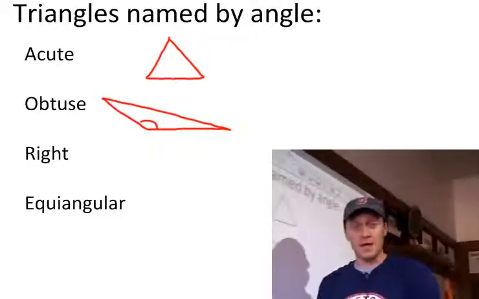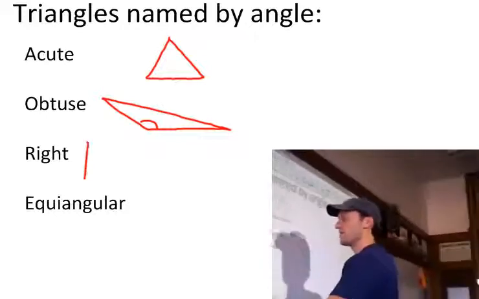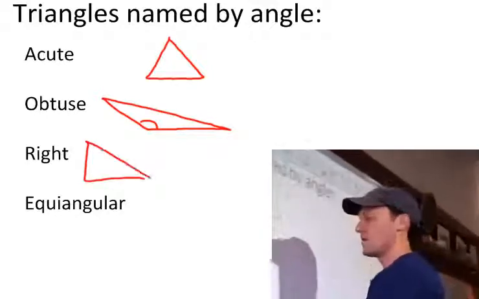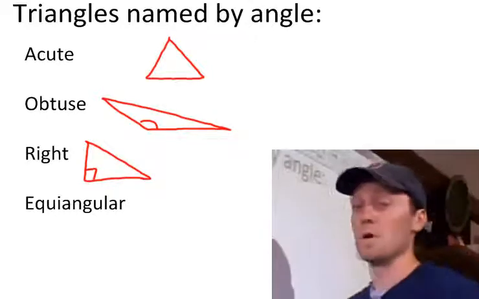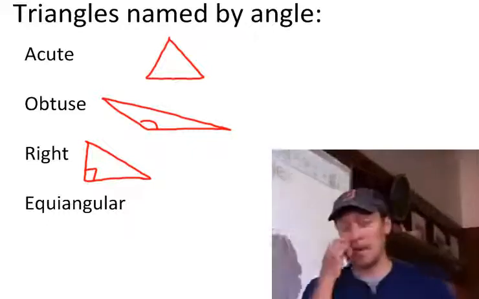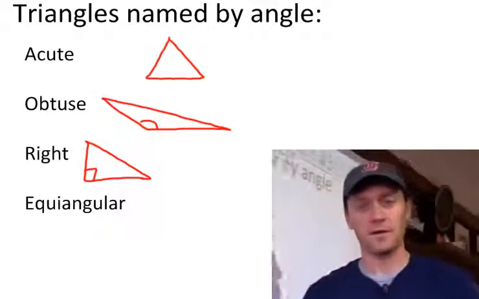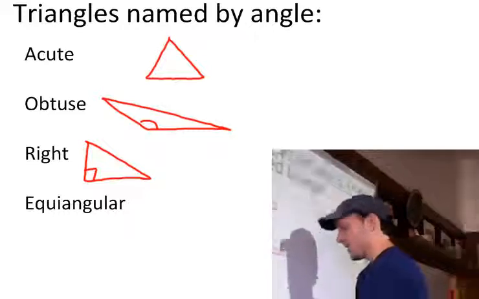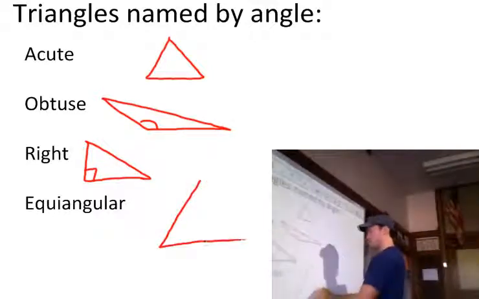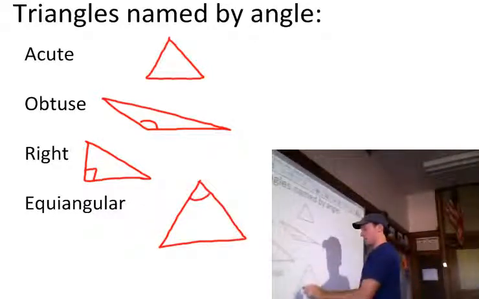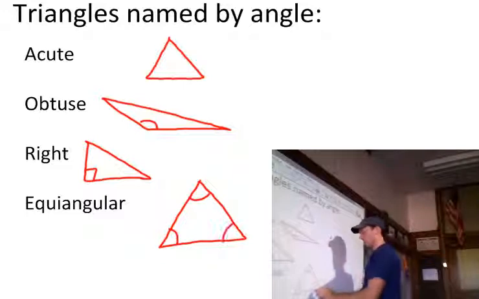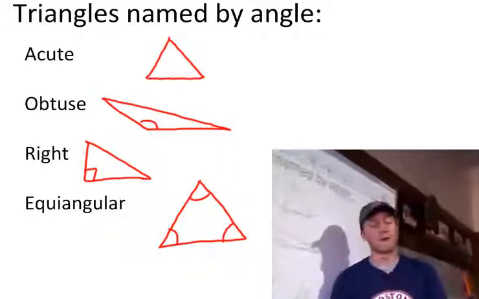And then, of course, in a right triangle, you've got one right angle. And then in an equiangular triangle, you've got three angles that are congruent.